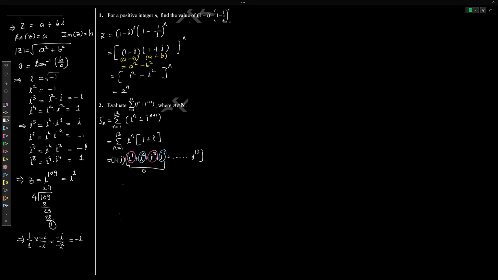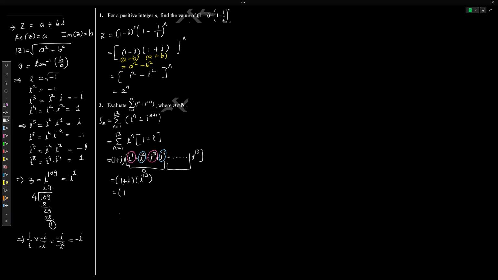Okay, sir, what about the 4? What will the summation of 5 to 8 be? Yes, exactly. Up to 12 terms it gives us 0. So the only remaining term will be i raised to 13. The sum up to 12 is 0. Okay.